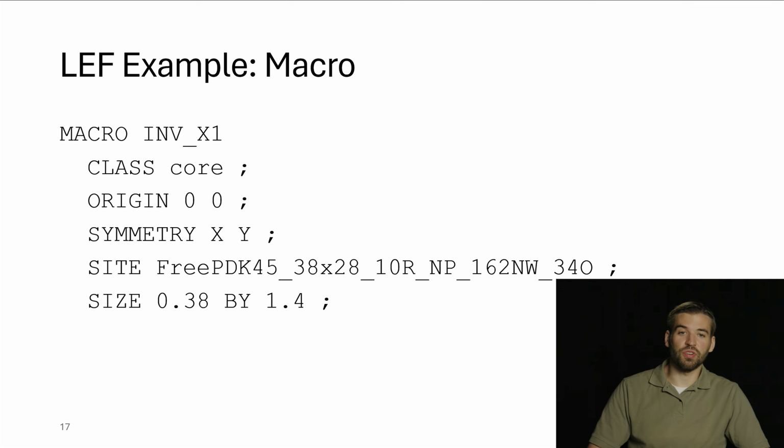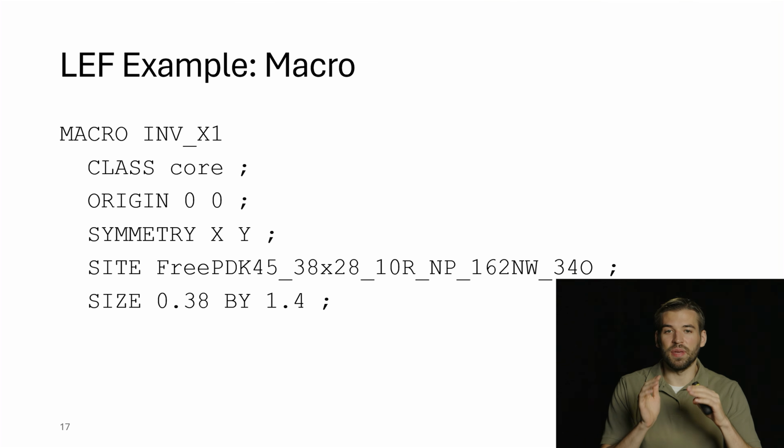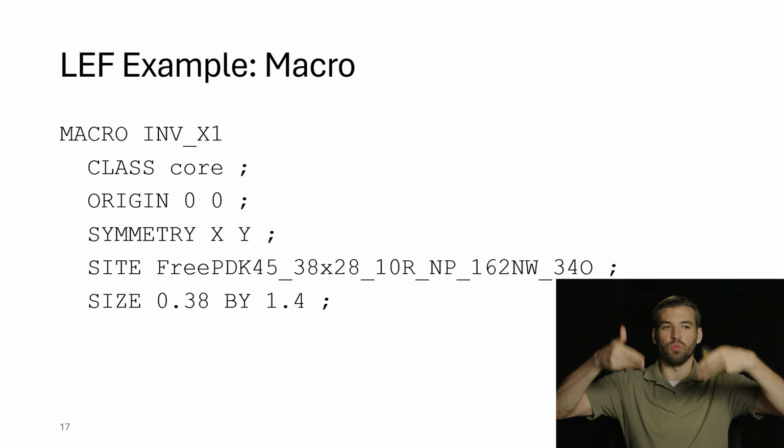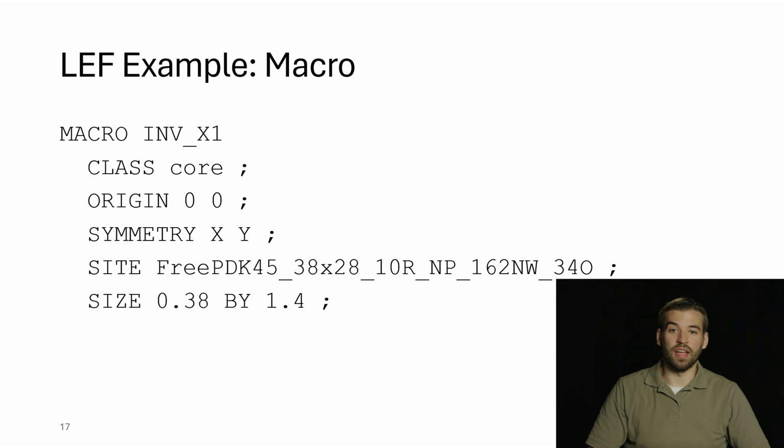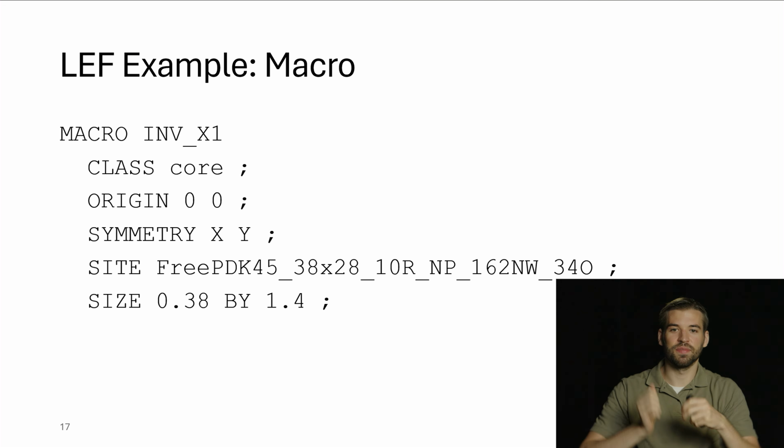Next, there's a symmetry property, which identifies how this master can be flipped or rotated when placing it as an instance in the chip layout. So here, XY means that this cell can be mirrored over the x-axis or over the y-axis. And it also means that it does not have the R90 property, so it cannot be rotated 90 degrees.